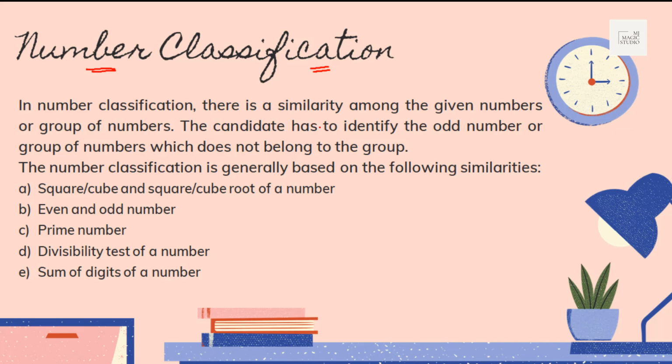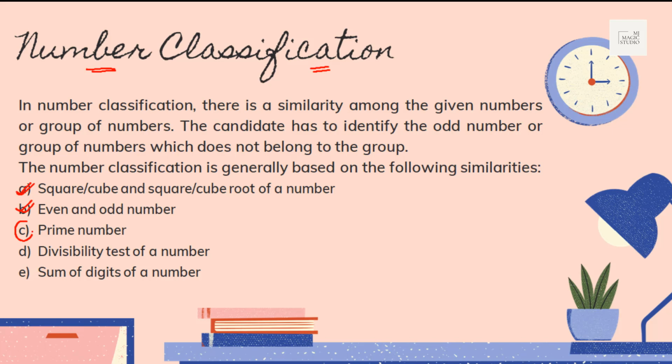These are a few of the number classifications which I have generally seen, and based on these characteristics, I've seen questions framed. They may be on squares, cubes, and square roots or cube roots of numbers, and sequences like that. Even and odd numbers.